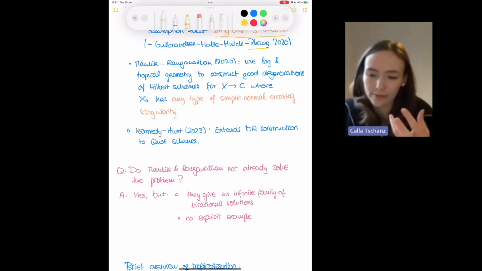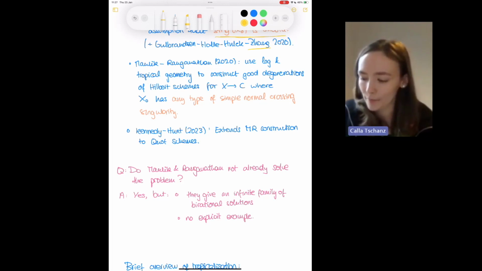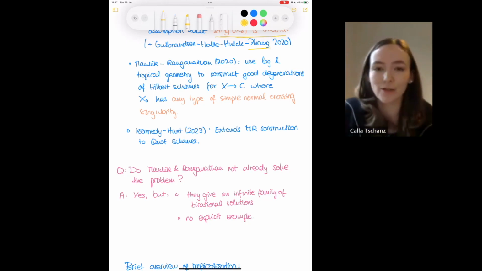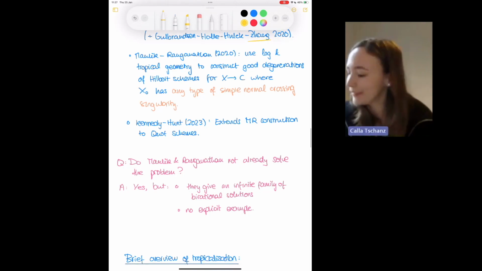Especially, we have no explicit example of one of those things. From their work, it's quite hard to see how to construct an explicit example of one of these degenerations. It shows you that you can do it, but we don't really know what one of these looks like, which obviously is a problem.